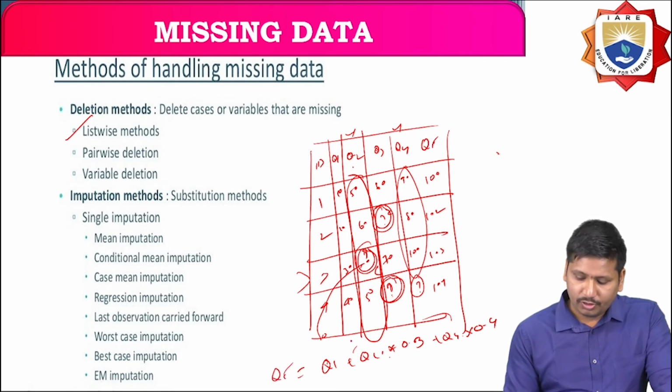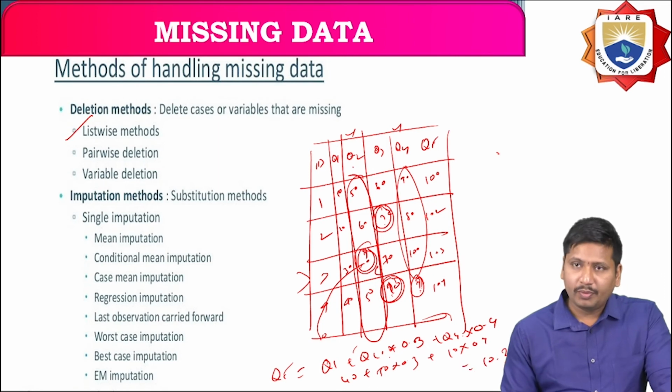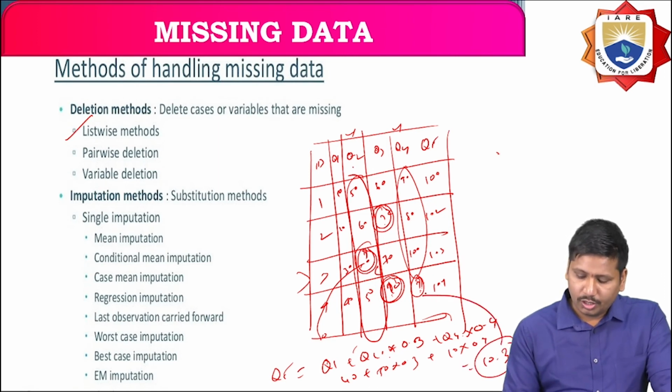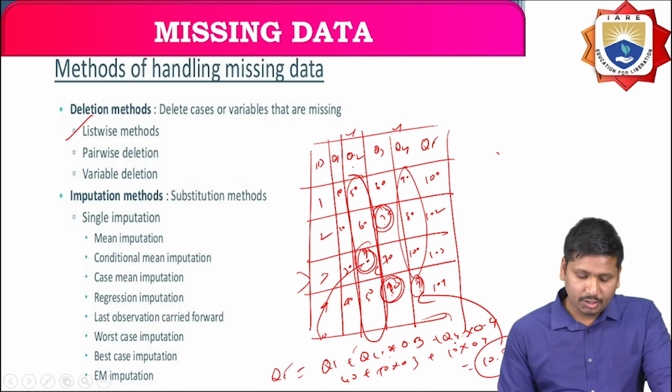I have to fill the value here, so I substitute 40 plus 50 into 0.3 plus, suppose it is 10, 10 into 0.4. Suppose I get the value 10.32, then that 10.32 is filled here. Like this, I can fill with regression imputation.